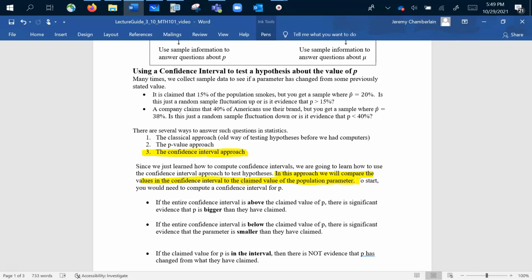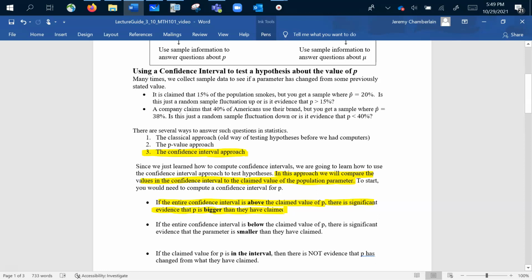Once you have the confidence interval, you have 3 different cases. If the entire confidence interval is above the claimed value of p, then there's significant evidence that the population proportion p is actually bigger than what they've claimed.